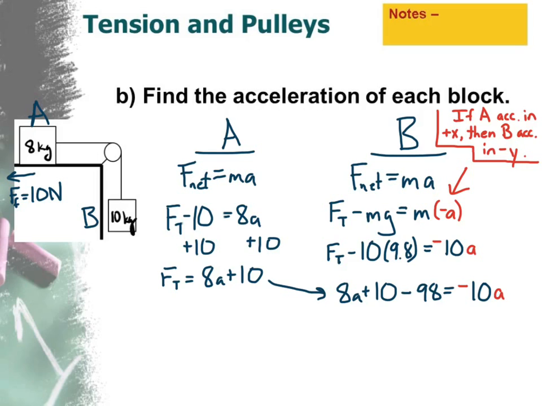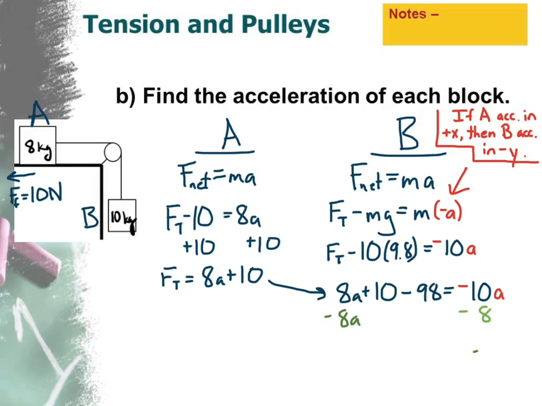So let's go ahead and simplify this right here. Before I do that, actually, what I'm going to do is subtract 8a from both sides so that I get all of my a terms onto one side of the equation.